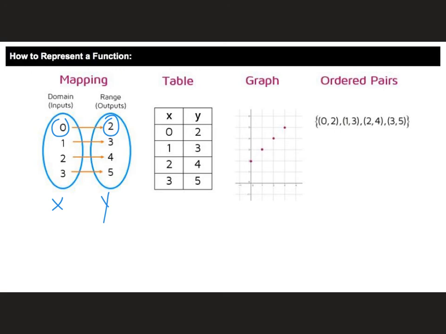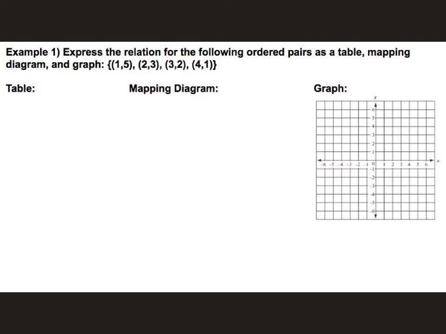So we'll see here, 0, 2 looks like this in the table, and 0, 2 looks like this as a point, and 0, 2 looks like this on the graph. So as we look at these 4 kind of representations, these are the 4 ways that we can represent a function. So we have to be able to look at all 4 of these things and decide if something is a function or not. So last 2 examples here.